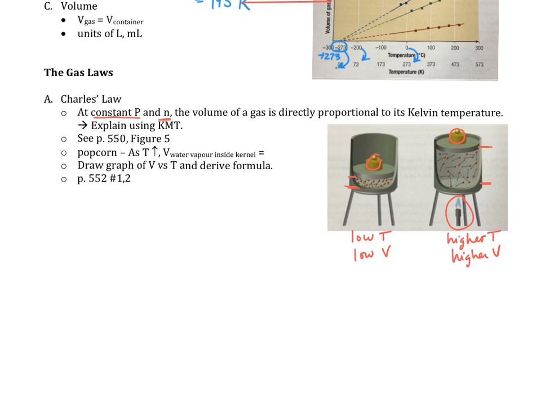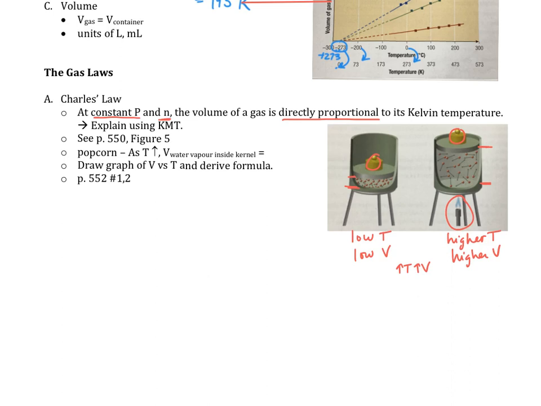So now that we see increasing the temperature has led to an increase in volume at constant pressure and moles, that makes sense then to use the terminology that the volume is directly proportional to the temperature. Using kinetic molecular theory, as we raise the temperature, we're increasing the kinetic energy of the particles. And as we increase the kinetic energy of the particles, in order to maintain the same collisions, the same pressure, they'll need to occupy a larger volume.